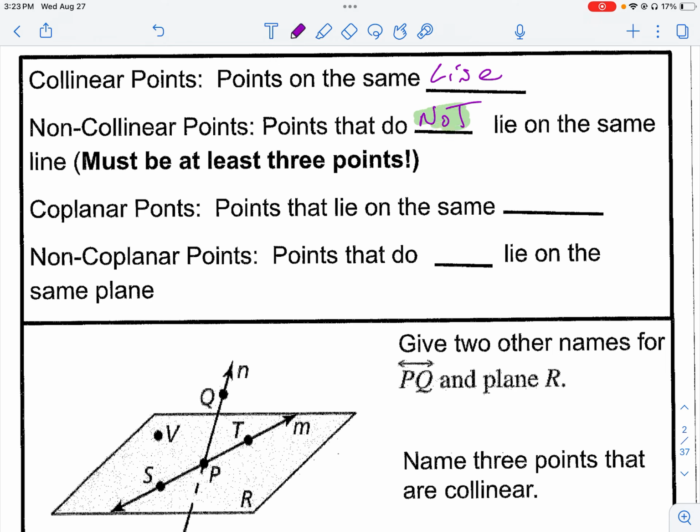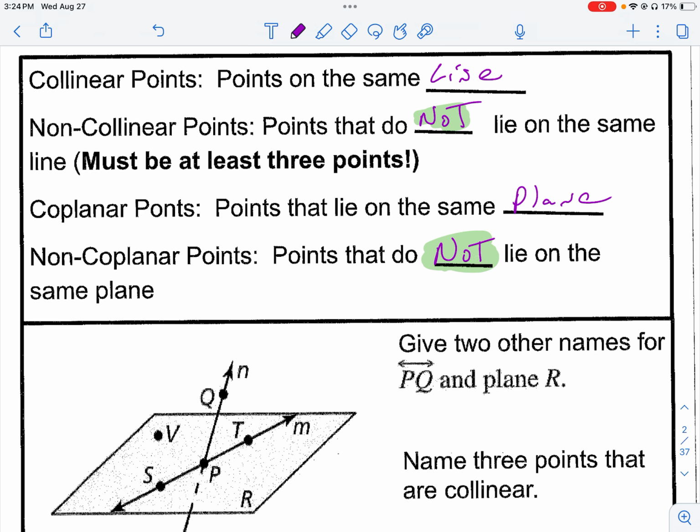And we got to have at least 3, because if we have 2, we automatically have a line that was up above in our definition. So if collinear means points on the same line, logically, coplanar are points on the same plane. And then non-coplanar, points that do not lie on the same plane.